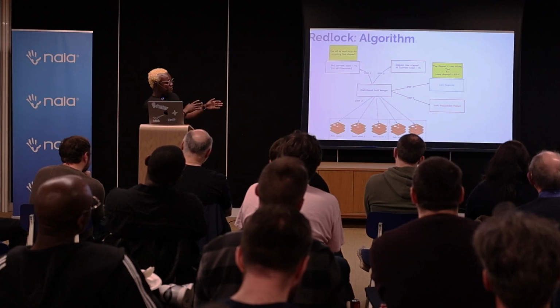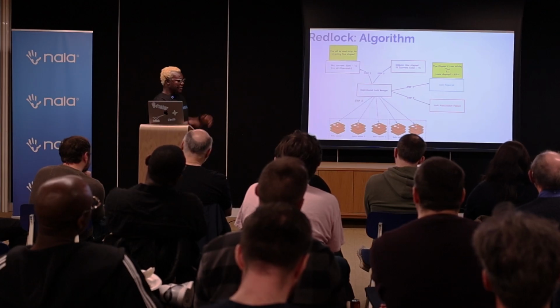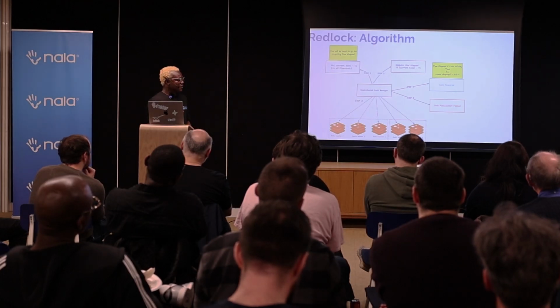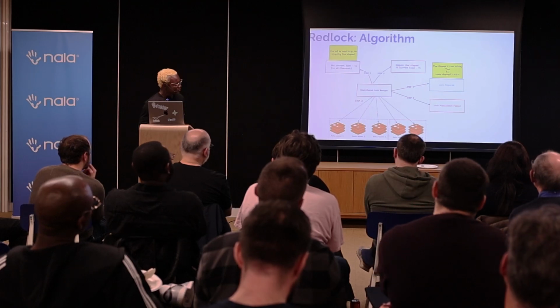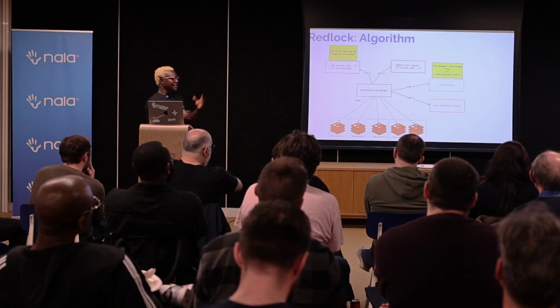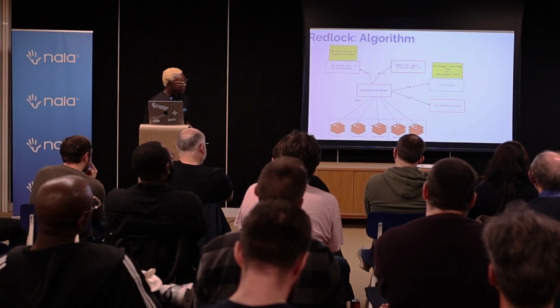So this doesn't mean we just stop at 3, right? We can try to acquire on all of them, but there might be cases where we have competing resources trying to acquire the same lock, and what you end up with is the first one that gets the majority basically just wins the quorum.